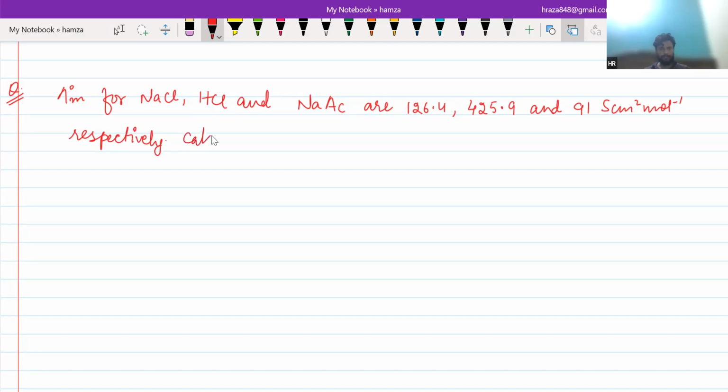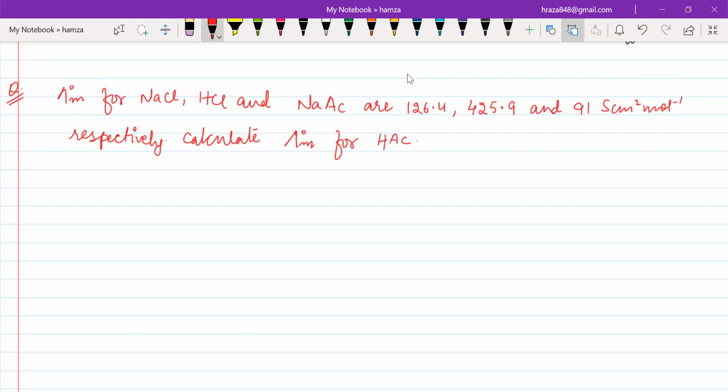Calculate lambda naught for HAc. Let me know if you are unable to solve it, I will explain it. It's very easy. You'll get your answer.